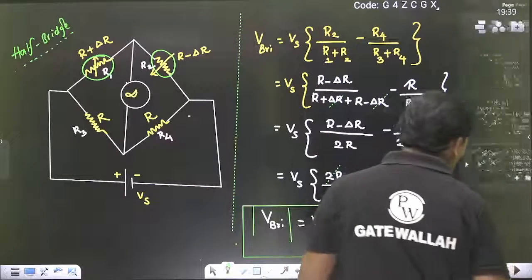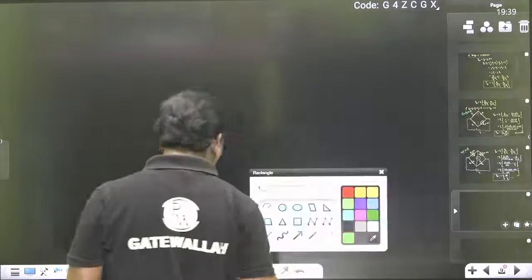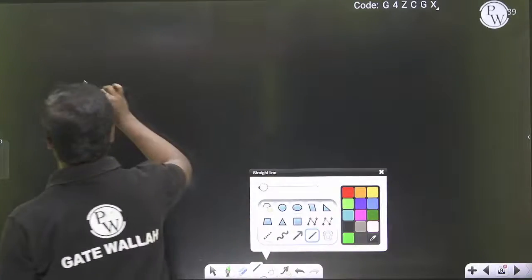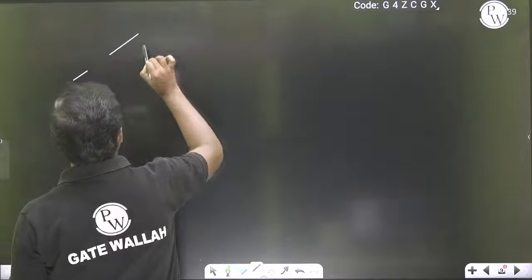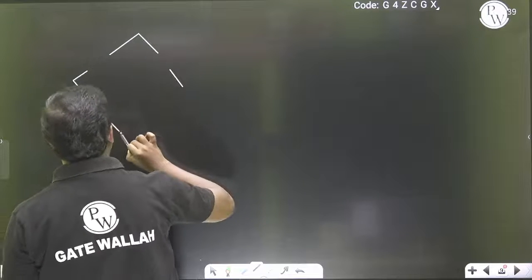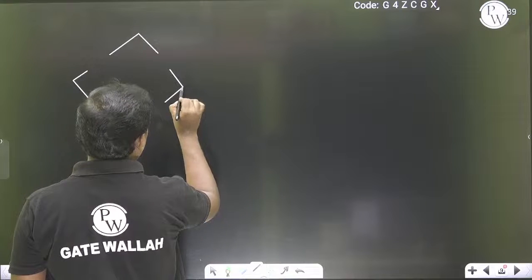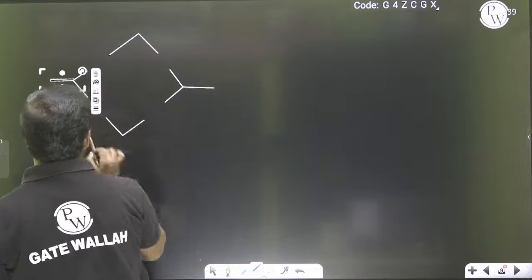Now if I am going for full bridge, full bridge means what is the possibility? Suppose the four arms of the bridge are changing in such a way that the bridge is unbalanced.